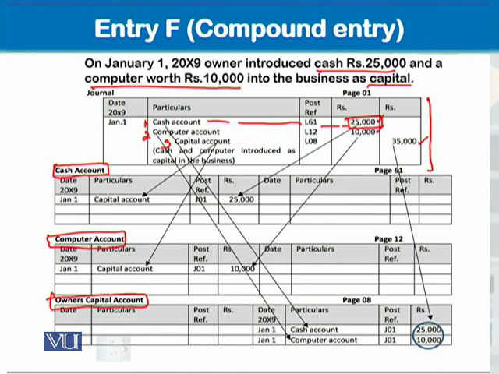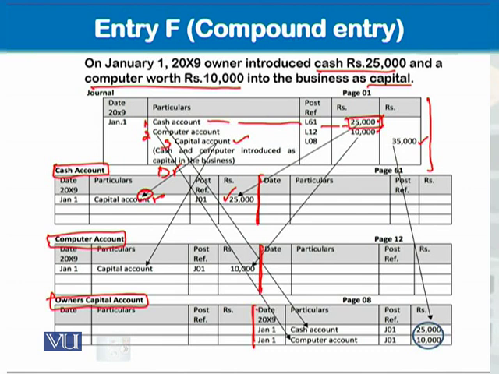So in the cash account, what you will do, this is in fact the split of the ledger into two sides, debit and credit. Cash is being debited with 25,000, so in the debit side, put 25,000. And why is cash being debited? Because of capital. So place this capital over here, just see this arrowhead.